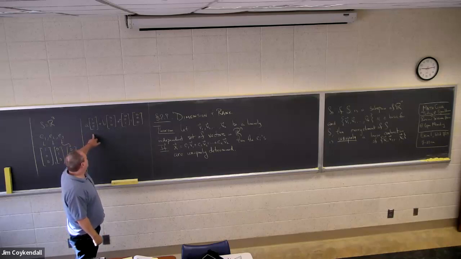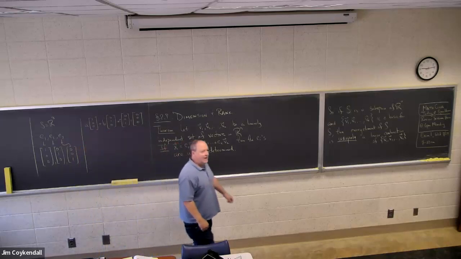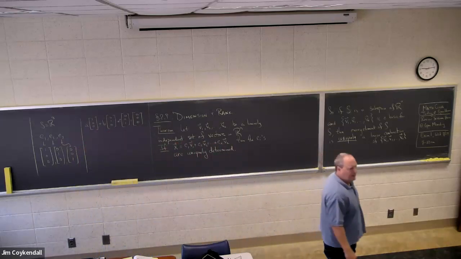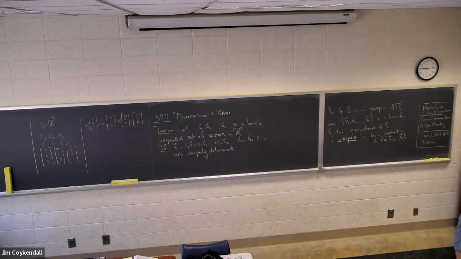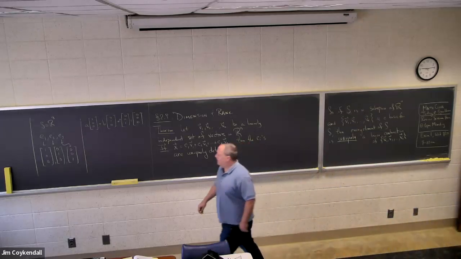It means that if a linear combination of these vectors adds up to the zero vector, what should I be able to say? A, B, and C all have to be zero. You're forced, right? That's what it means to be linearly independent. Let's see how this works out for us.